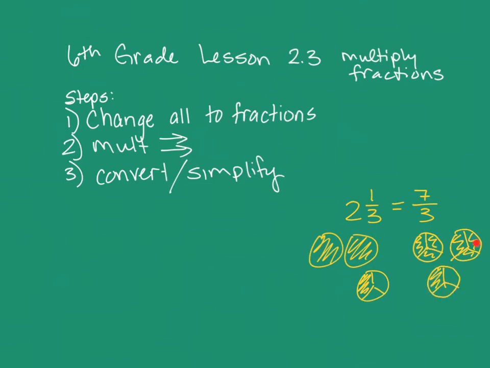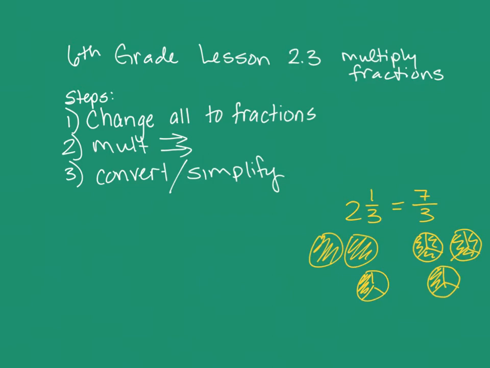Same amount, right? Same number, same value, just written in a different way. But in order to calculate it, I need it to be in that improper fraction form. And then I will convert it back out at the end if it ends up as an improper fraction answer.